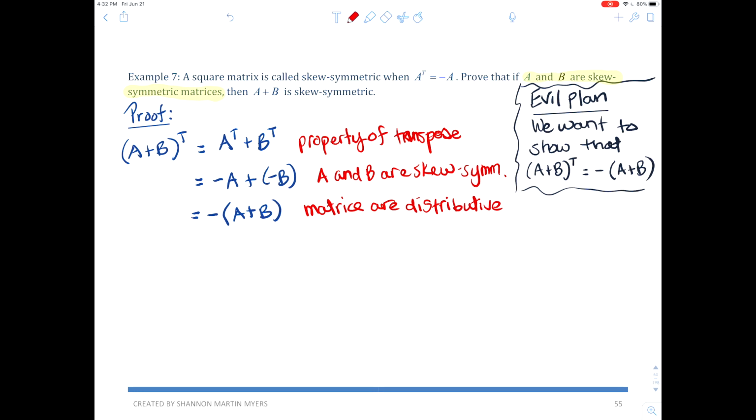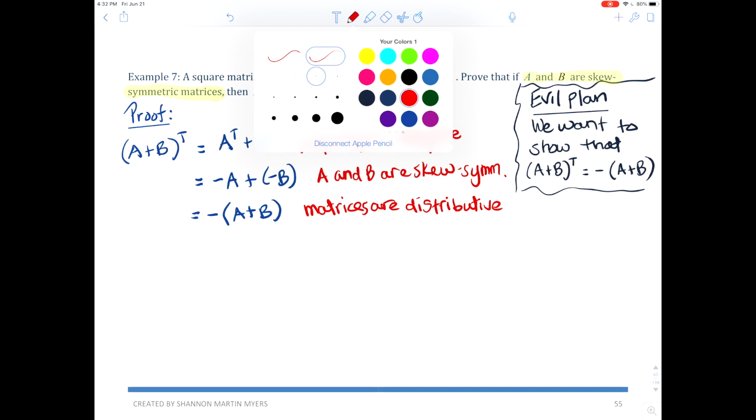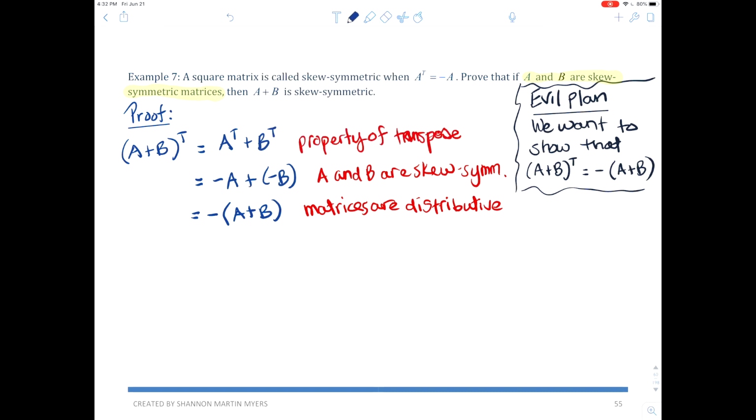Because we did a scalar times, we have a -1 times A plus -1 times B. We factored out the -1. All right. And now we're done, right? That was what was to be shown. Cool little proof. That would be definitely one you might see on an exam.